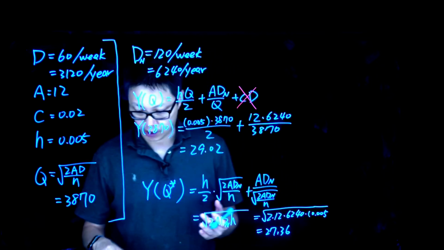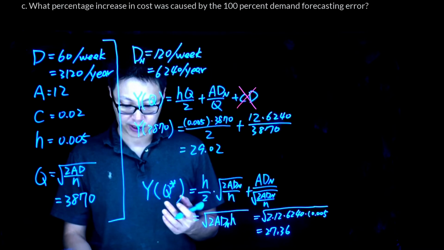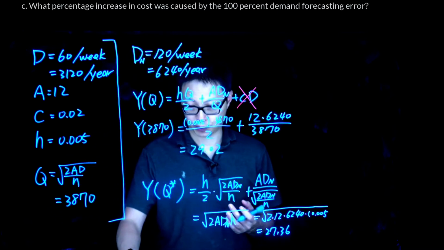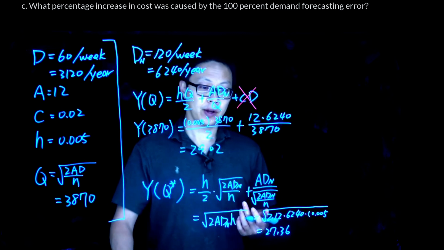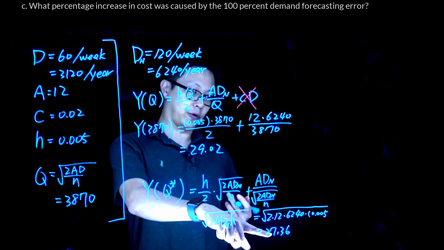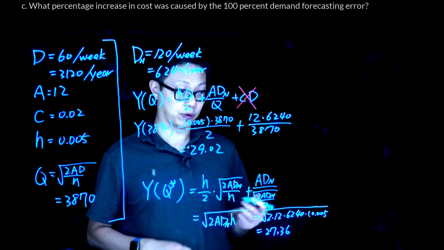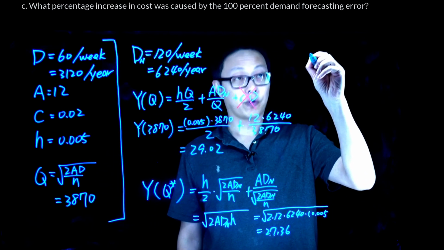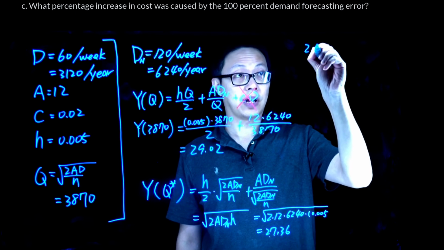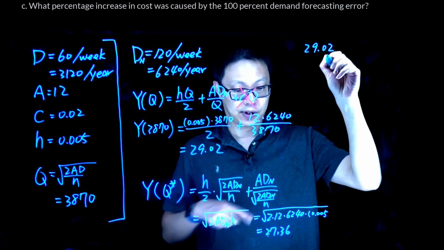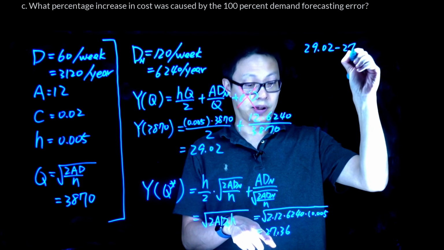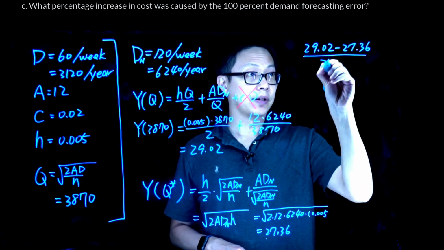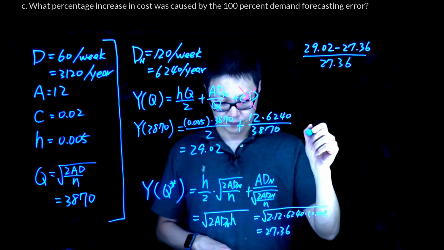What does that mean? For the third question, what's the percentage increase in cost caused by the 100% demand forecast error? The cost increases from 27 to 29, so the percentage increase will be 29.02 minus 27.36, divided by 27.36.